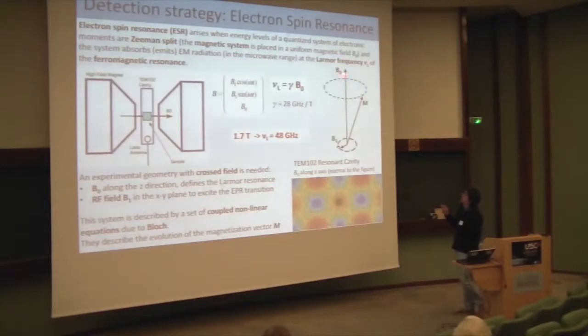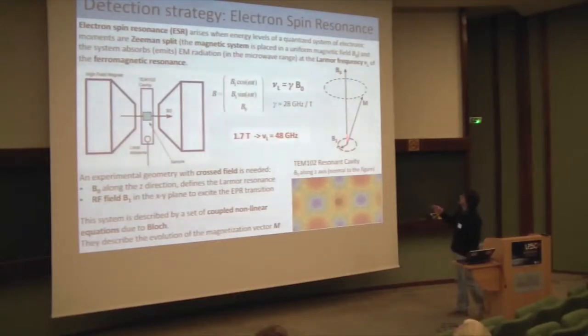The external static magnetic field aligns the magnetization, the total magnetic field induced by the spins, and the magnetization can precess around the static magnetic field. This precession can be kept on resonance through the presence of a radio frequency field, which is in a plane orthogonal to the external magnetic field.